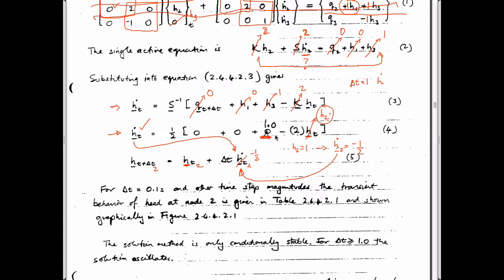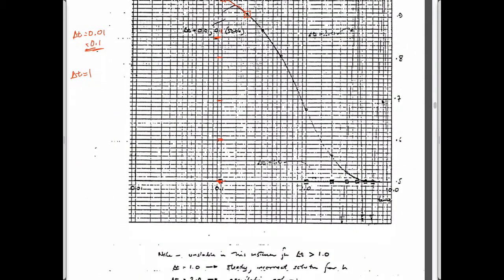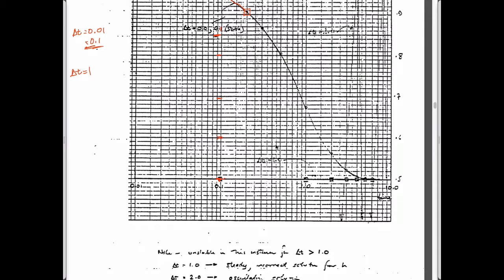Because there's no time components there. So it's still the same gradient. And so now if you use a time step of 1, then the revised head is going to be 1 times minus a half, which is minus a half, which will take this from being 1 to being a half. So the value, if you use this, gives you the first value of head at node 2 is equal to a half. And so I think that is exactly this little square here.